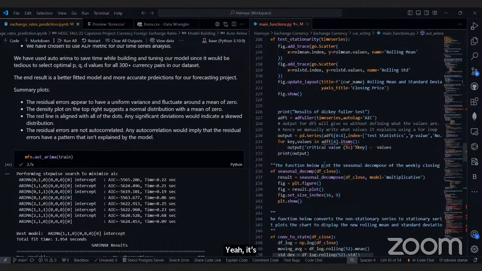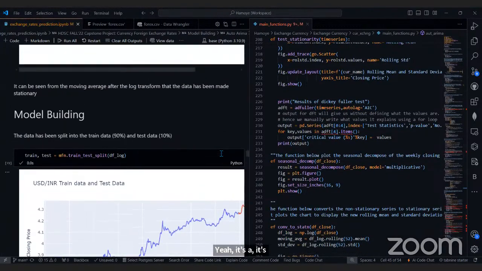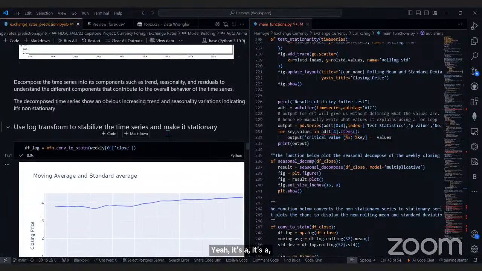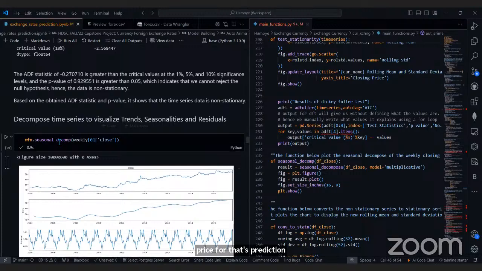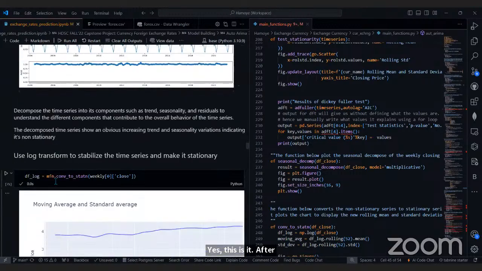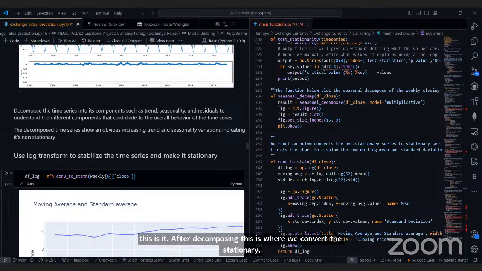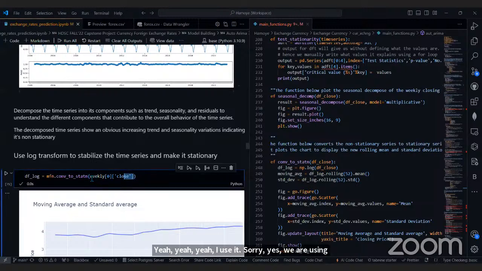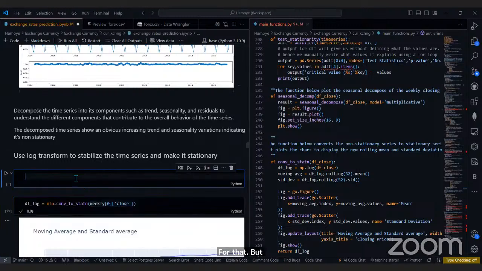We are using just the closing price for that prediction. After decomposing, this is where we convert to stationary DF log. Yes, we are using only the closing price, so it's a single column prediction.